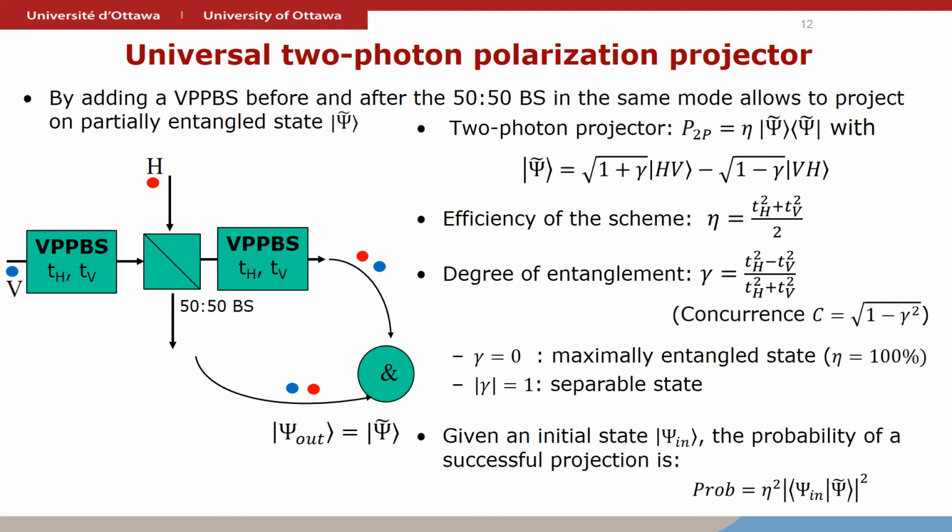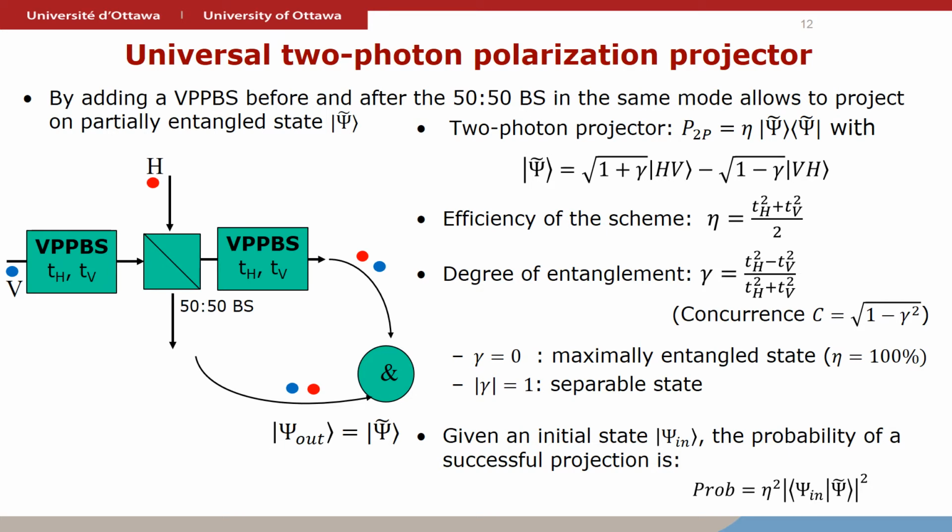In short, we have implemented the two-photon projector P2P, which is equal to eta times psi tilde, where eta is the efficiency of the scheme and is a function of TH and TV, and gamma is the degree of entanglement of the system and is linked to the concurrence, which is a measurement of entanglement.